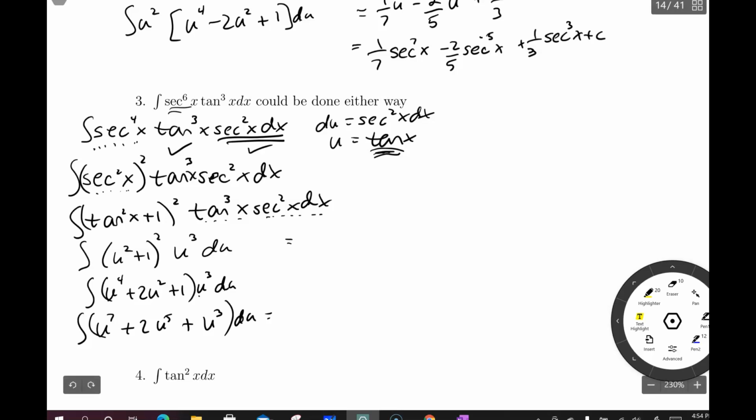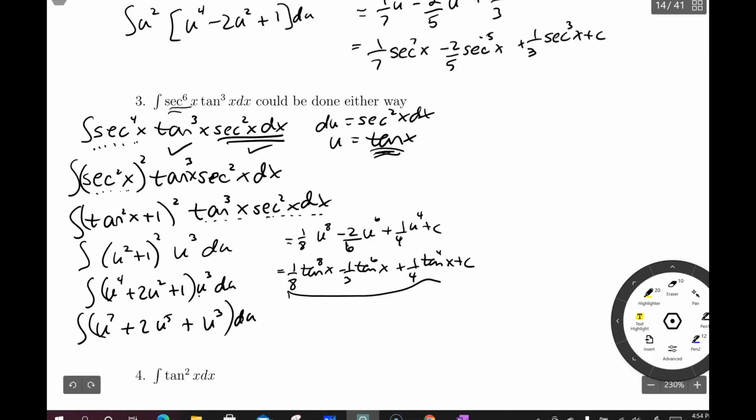So I would add 1 to the exponent, so 1/8, 2/6, 1/4, and then take the time to put the u of tangent back in, right? So 1/3 tangent, 1/4 tangent. Okay, so that's one answer.